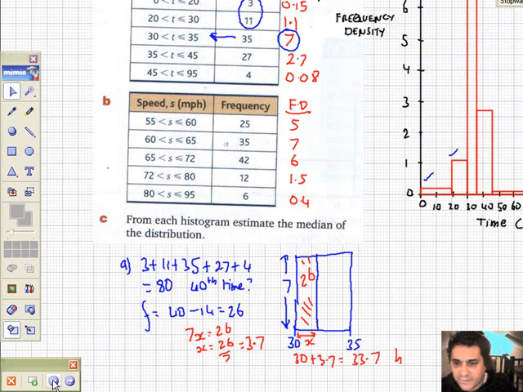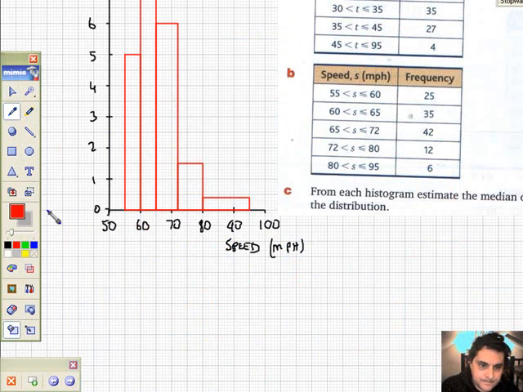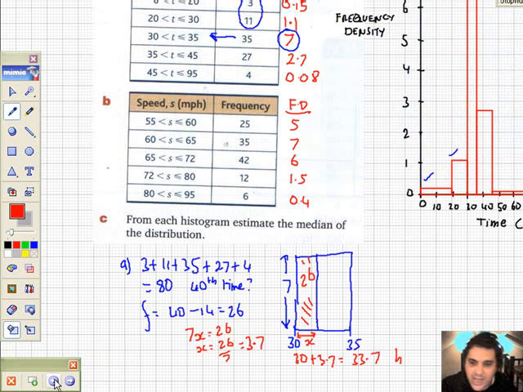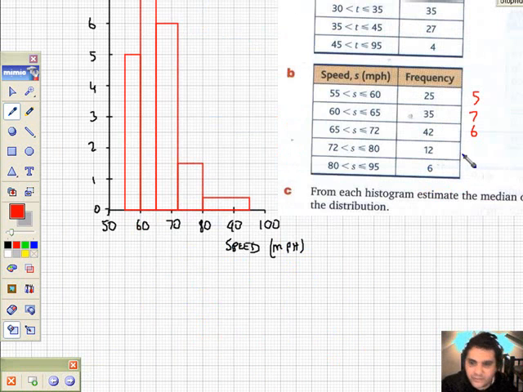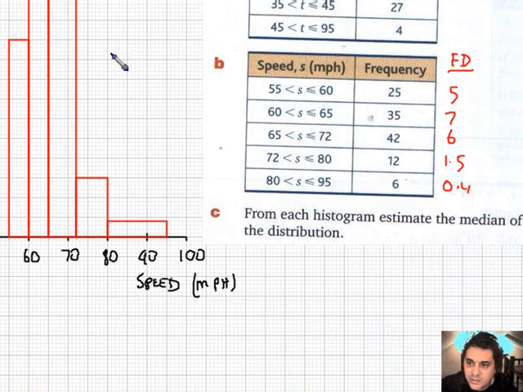I've got 5, 7, 6. Write it in. I also had 1.5 and 0.4. Okay, and that's the frequency densities for the distribution showing speeds, and I've got to work out the median for that.